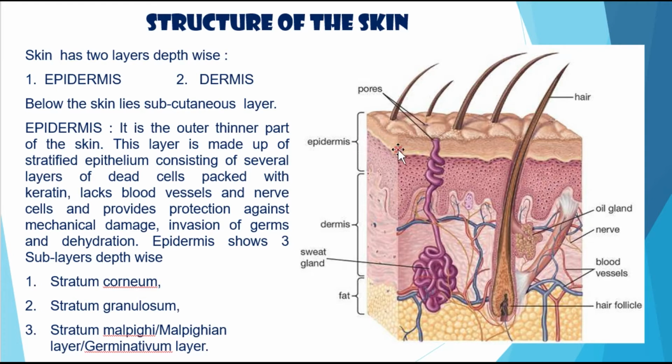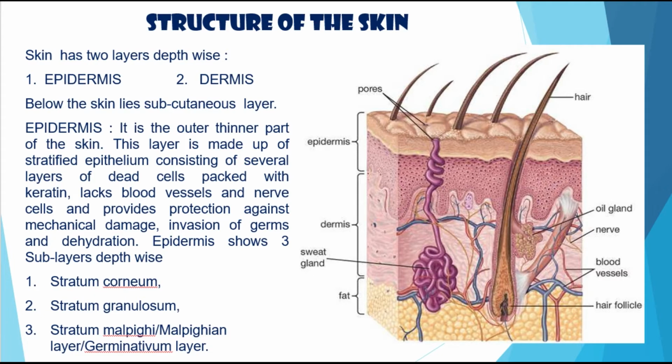And depth wise, this layer has three different sublayers. Stratum corneum is the outermost layer, stratum granulosum is the middle layer, and stratum malpighi or malpighian layer, also called the germinative layer, is a single layer. As you can see, it is projecting into the dermis.